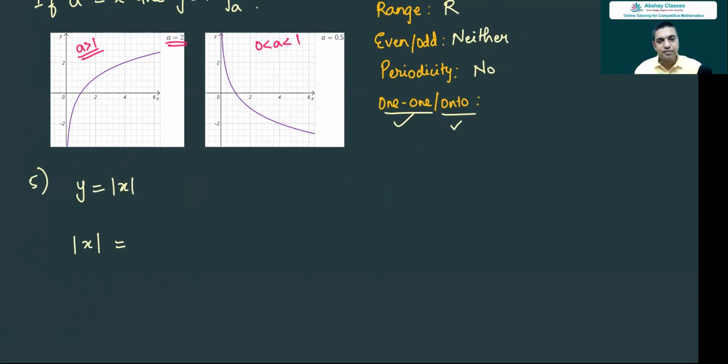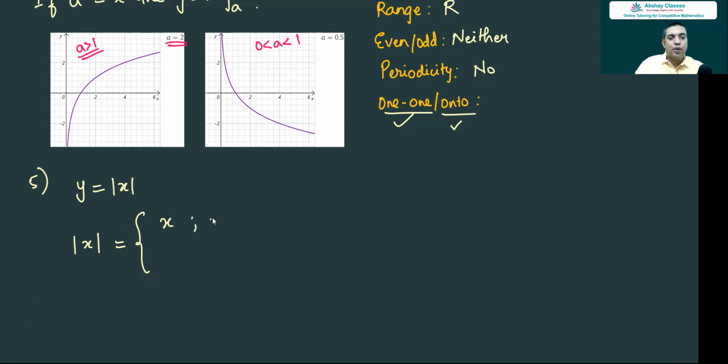Anybody? Absolute value of x: for x greater than or equal to 0, we'll take it as x. For x less than 0, we'll take it as minus x. Very good. The absolute value is the value without the sign.